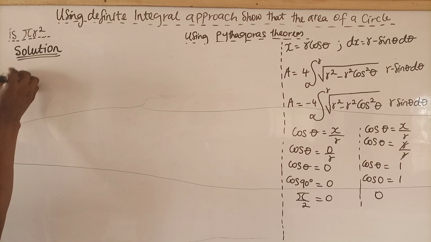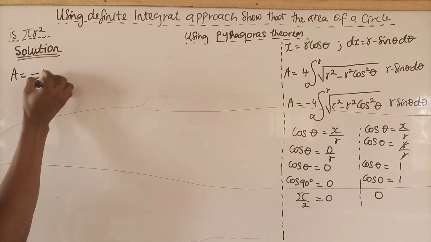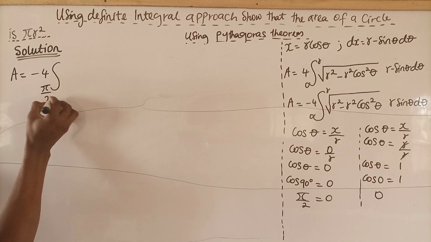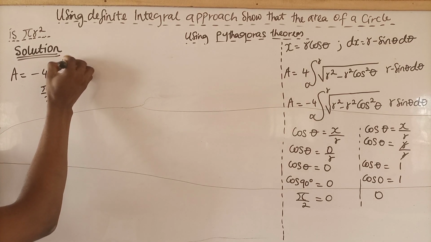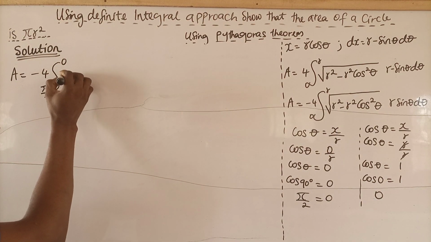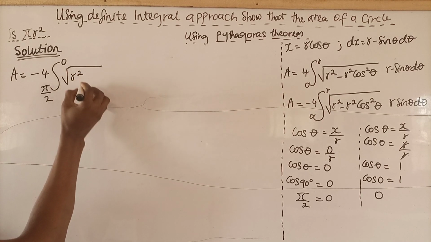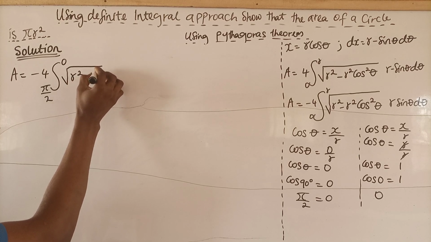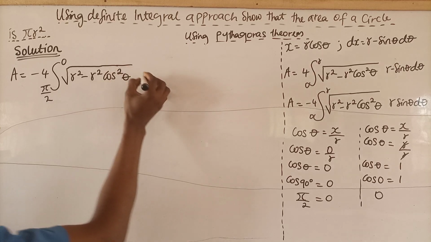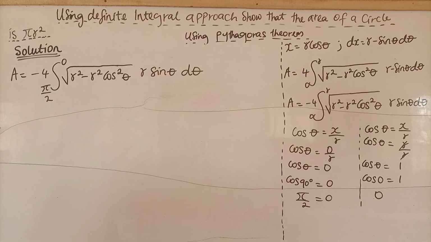So our area now is equal to minus 4 integral from, it will now be from pi over 2 to 0, because it replaces 0 to r, of the square root of r squared minus r squared cos squared theta, then times r sine theta d theta.